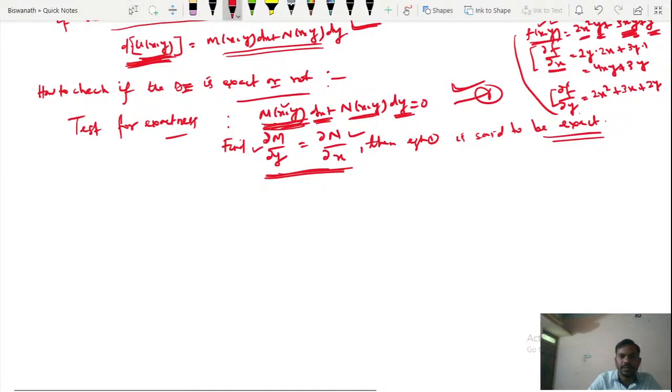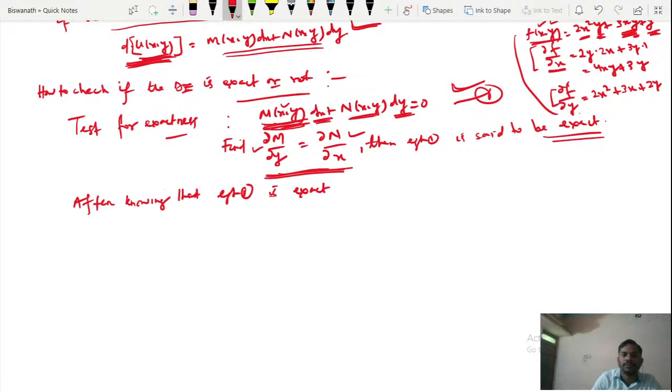Suppose you know that this equation 1 is exact. So after knowing that equation 1 is exact, how will you find this u of xy such that its derivative is this one?